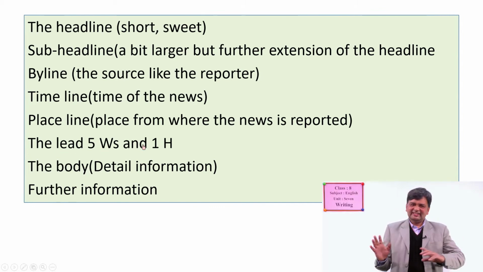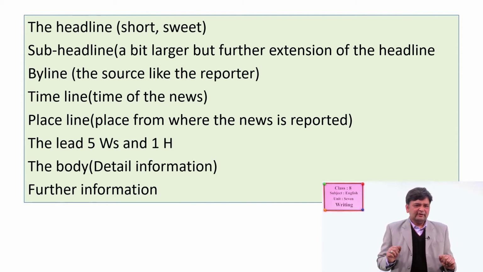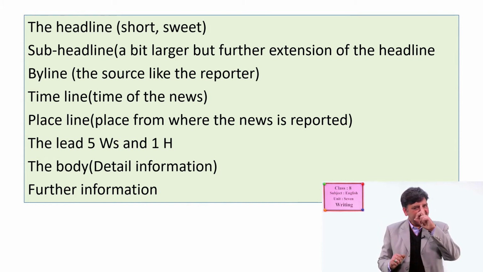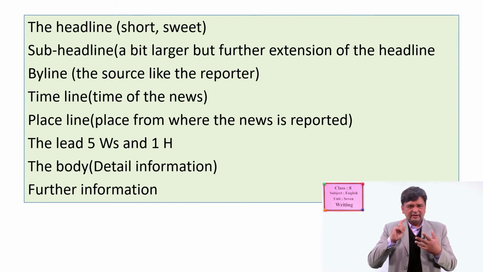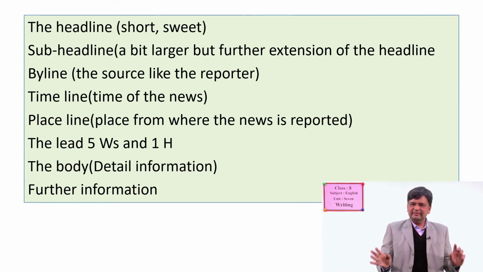And reporters, especially journalists, talk about 5W and 1H. Those 5W means WH questions like what is the news, when is the news, which place, where, these kinds of WH questions will be there.